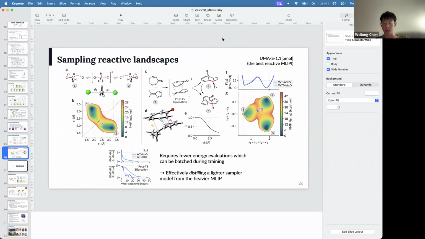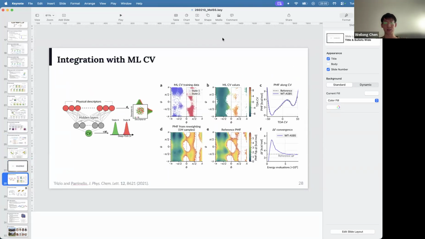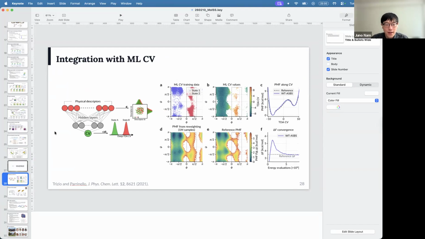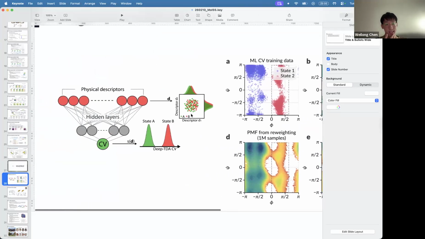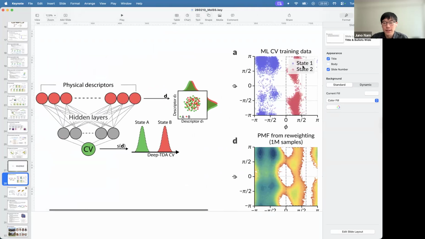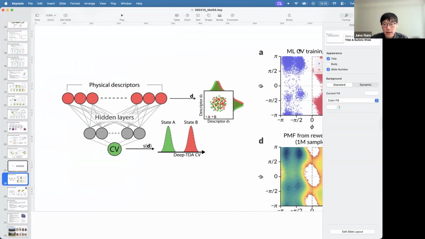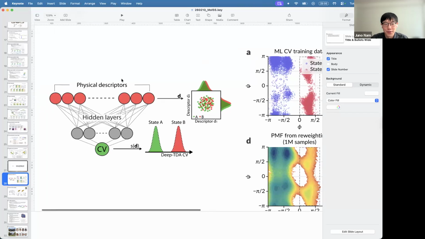Also for collective variable discovery, you tried this machine learning for collective variables. What's the paper from Parrinello again? It's the Deep TDA paper, targeted discriminant analysis. Basically, we have two different groups of samples from two different modes, and we project them to the input descriptor space, like pairwise distances between selected atoms.